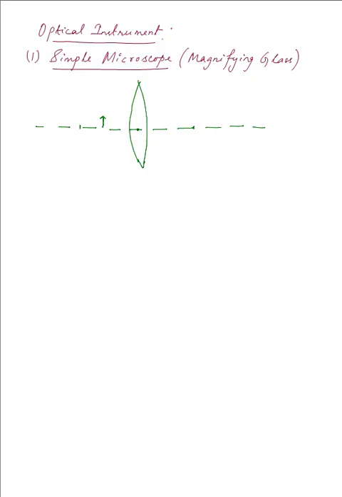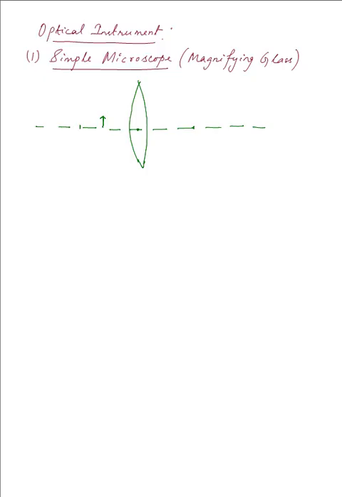So these are those small letters, and mind you, you have to read them. If you wish to read them, you take the magnifying glass really close to it, such that the object now lies within the focal length of the given lens.